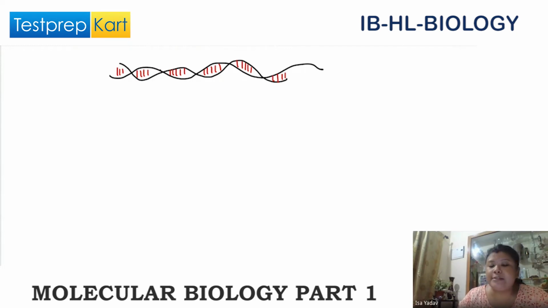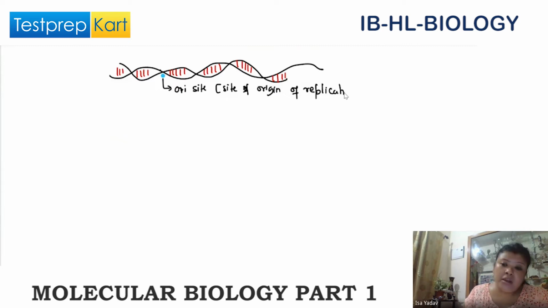Now see this. So this is the DNA. There might be a point in the DNA, I'll just put a dot here. This point is referred to as the ori site, or site of origin of replication.